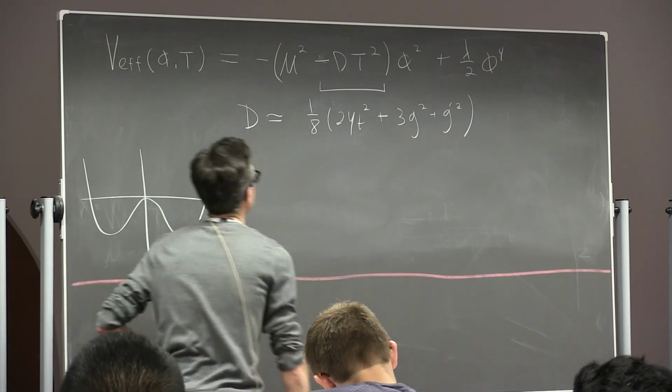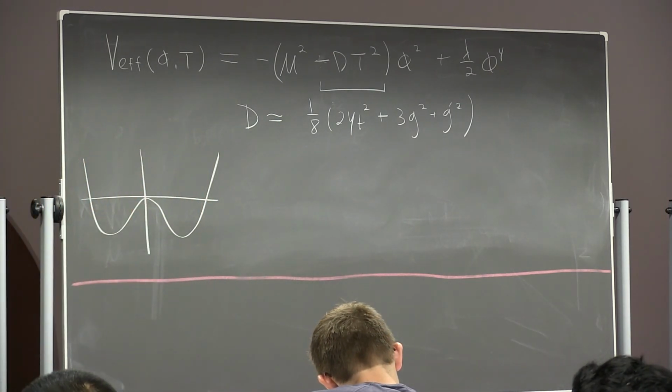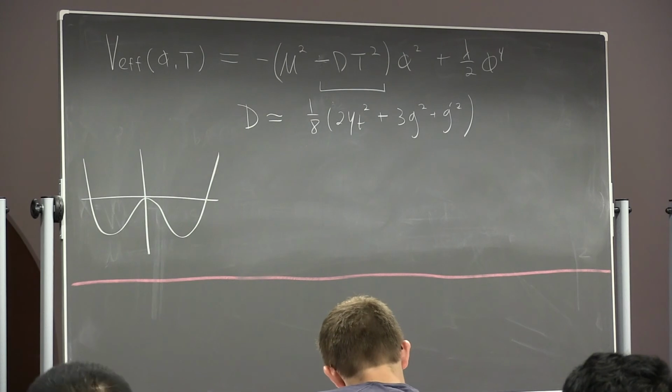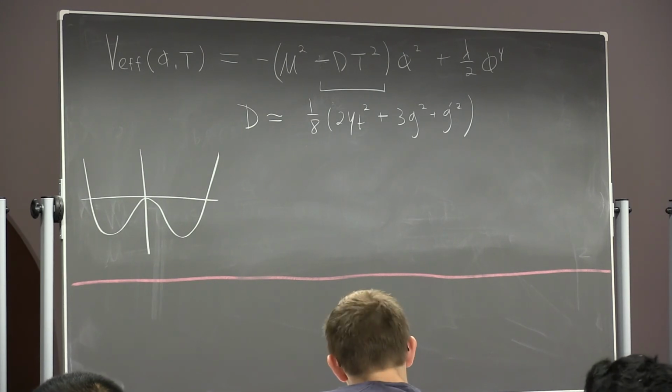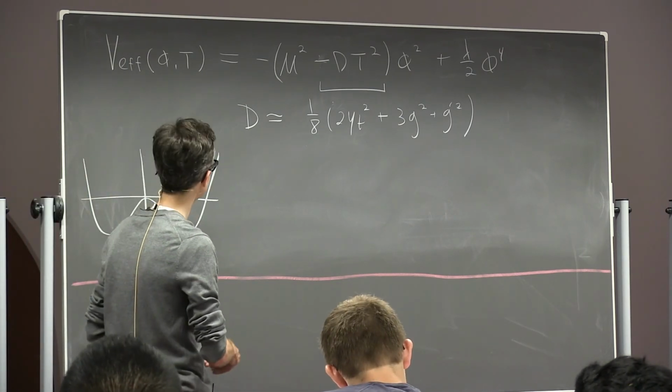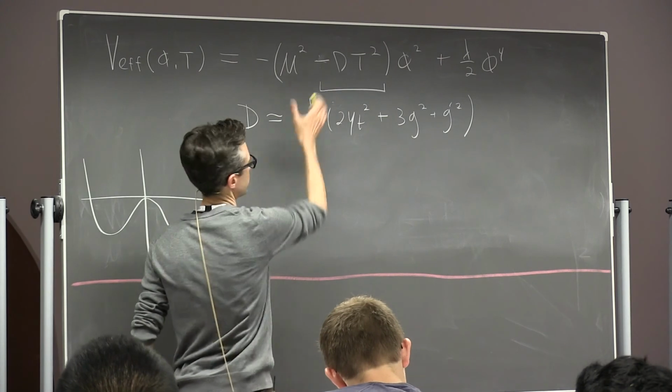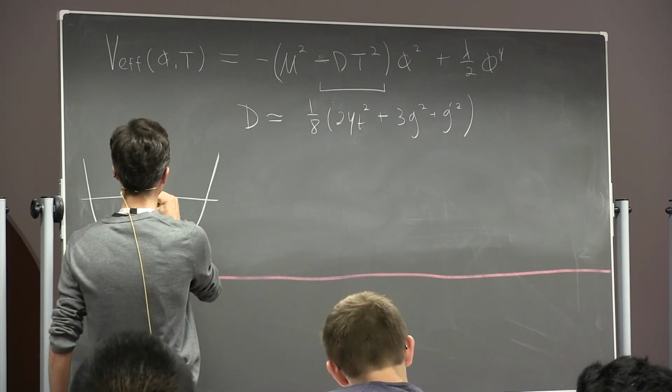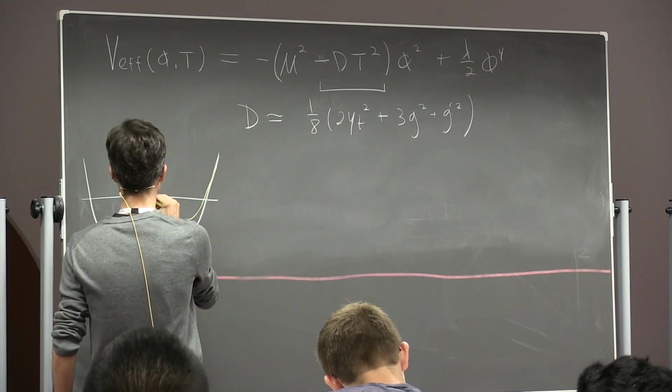What happens at finite temperature? I should also mention that there's a temperature-dependent constant piece that I'm dropping. If I make my temperature a little bit non-zero, this piece becomes a little bit less small, and my potential becomes a little less shallow.